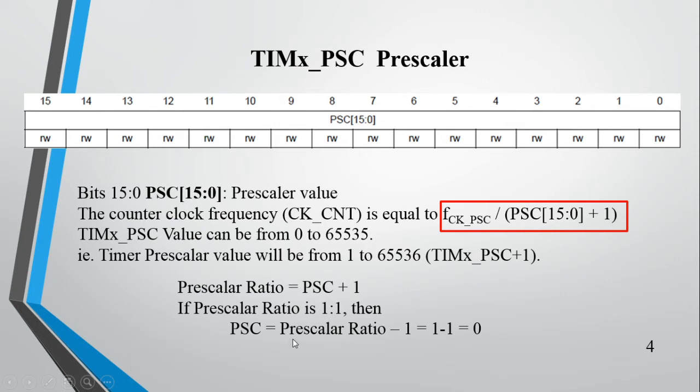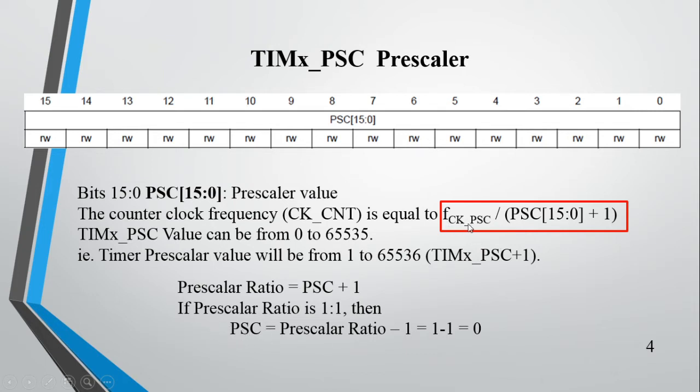If you want a prescaler ratio of 1, what should be the PSC value? Prescaler ratio minus 1. If you want a prescaler ratio of 2, the PSC value is 2 minus 1, that is 1. So whatever prescaler ratio you need, that value minus 1 should be stored in PSC.